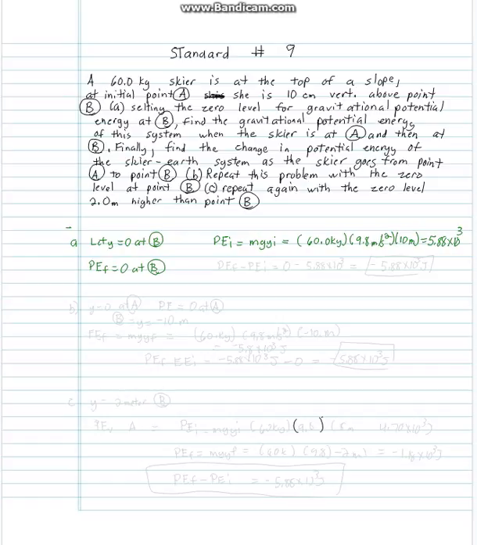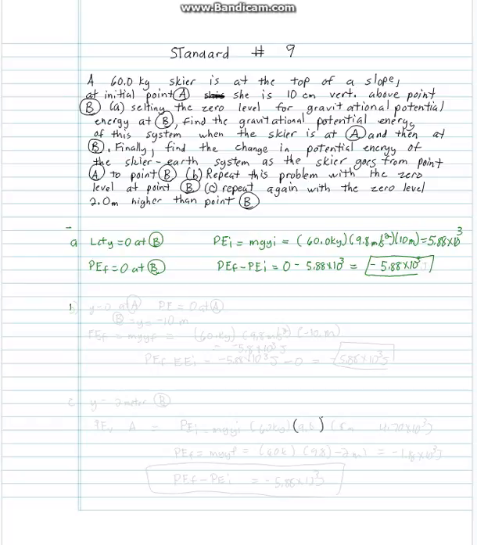To find the difference in potential energy between A and B, we're going to use PE final minus PE initial equals 0 minus our 5.88 times 10 to the third. And when we do that, we end up getting a negative 5.88 times 10 to the third. And that's our answer for part A.